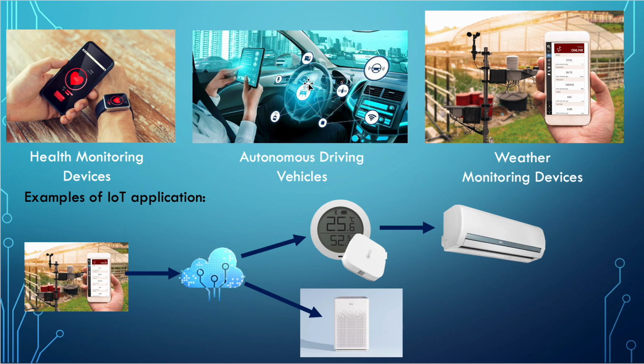We talked about autonomous driving vehicles. Inside there's a self-contained network of sensors, actuators, and processing power with software together. These sensors, processing units and actuators are talking to each other, exchanging data, processing data, and giving out results for the car to move forward, to turn left, to turn right, and so on.